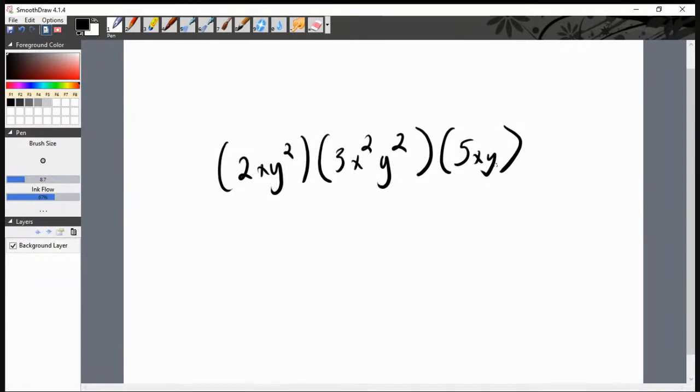What I want you to do with these problems is separate the coefficients. What are the coefficients? My coefficients are 2, 3, and 5, right? 2 times 3 times 5.